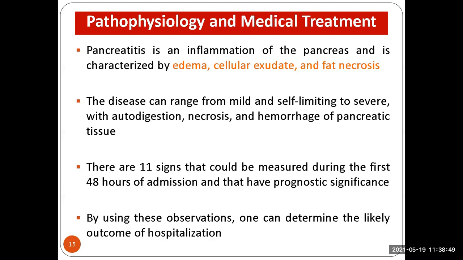However, these can range from mild and self-limiting to severe, with autodigestion, necrosis, and hemorrhage of the pancreatic tissues. There are almost 11 signs that can be measured during the first 48 hours of admission and that have prognostic significance.